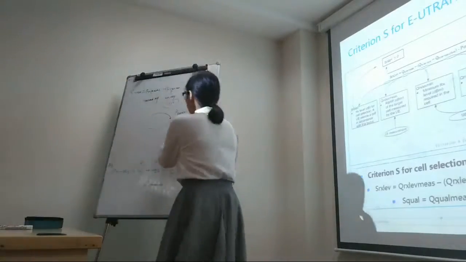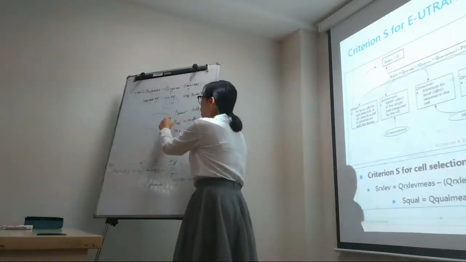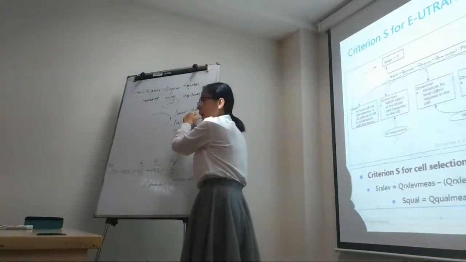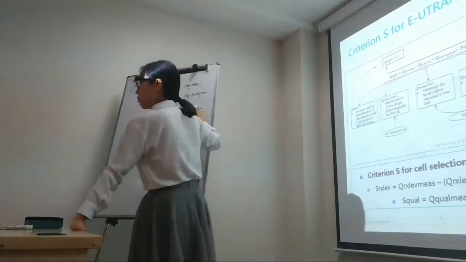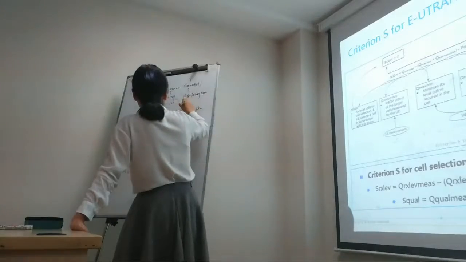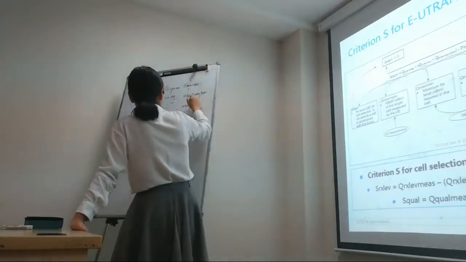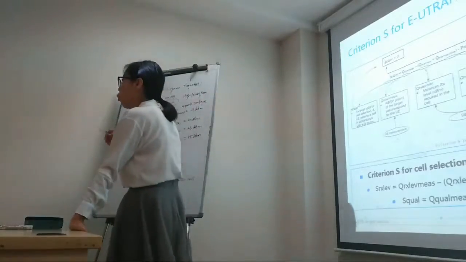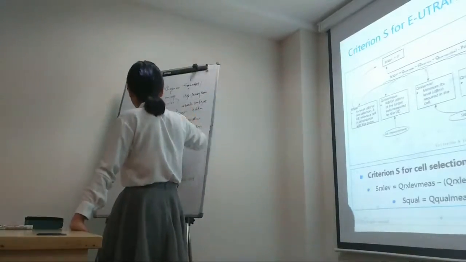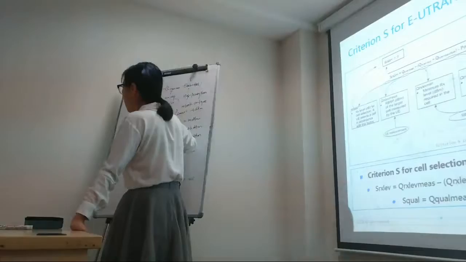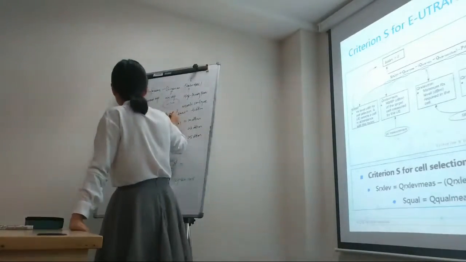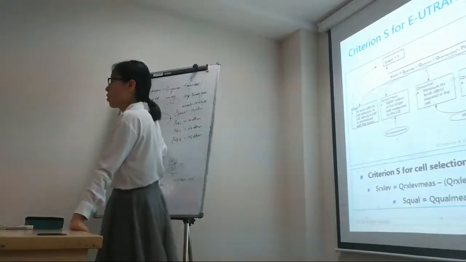Now for UE1, the power is only 20 dBm. It cannot use 23 dBm. This is the network design: when you use 23 dBm, the SRP is minus 120, you can stay on it. When you transmit the data, the node can receive it.